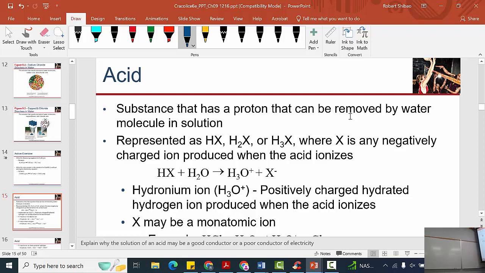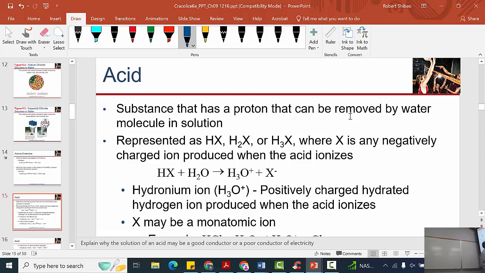Bases are proton acceptors, acids are proton donors. So we lose the H plus, it goes to water. When the H plus goes to water, it forms hydronium, and then we're left with X minus. This is a Bronsted acid-base reaction in which we have a transfer of a proton.